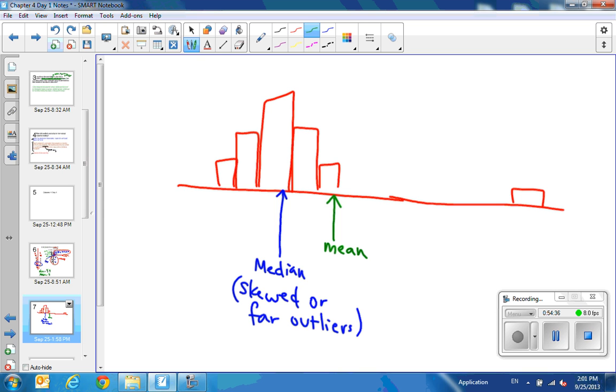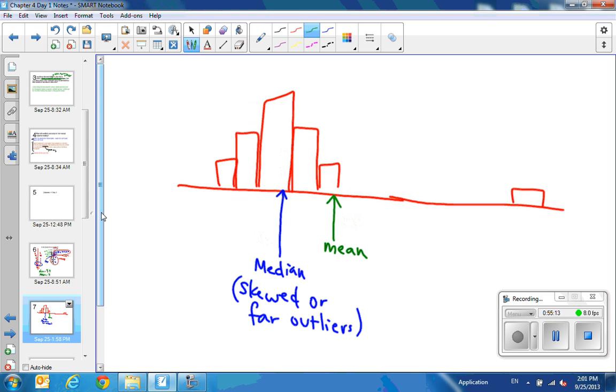Now, should we just always use the median? No. Why not? Because sometimes the mean presents better. Because the mean takes into account every single data value, it's a more specific measure of the center.